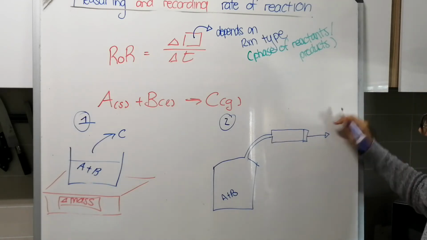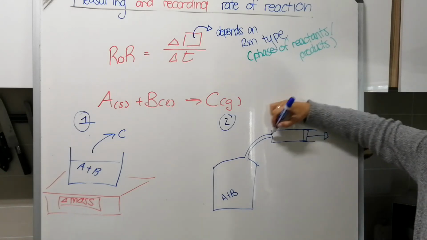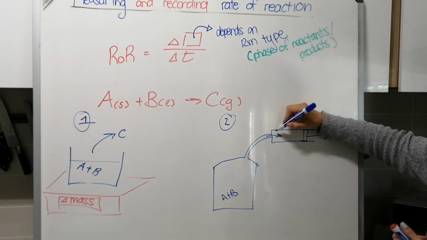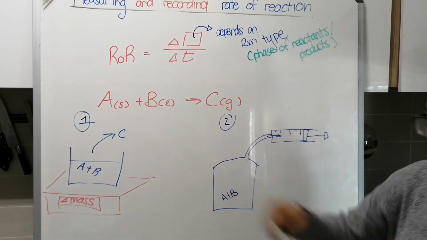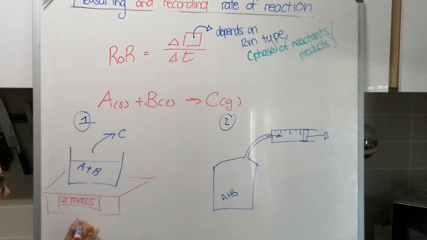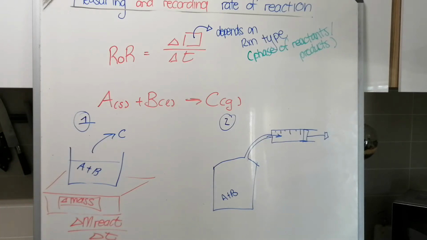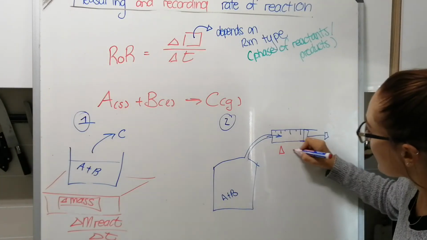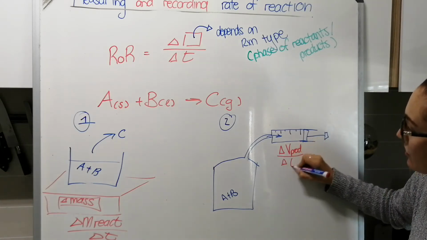As I'm trying my best to draw a bit of a syringe here, as this fills up with gas, it's going to force the plunger back, and you can then determine the volume of products being produced. So for the first scenario, we would be working out the change in mass of the reactants over the change in time. That would be a way to measure the rate of reaction. Whereas in this case, we could be measuring the change in volume of the products over change in time.